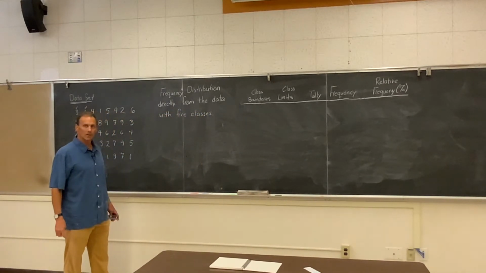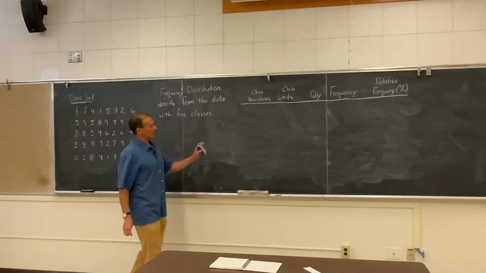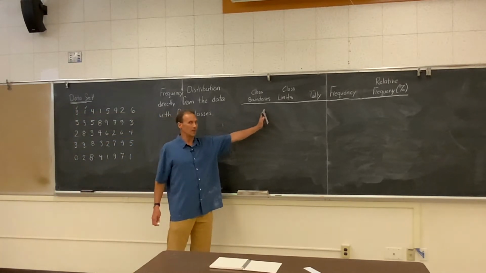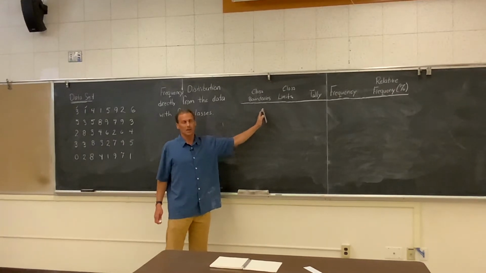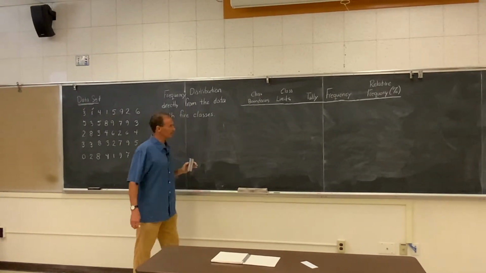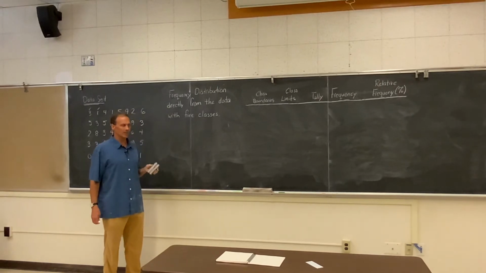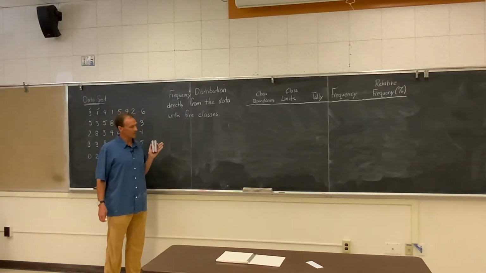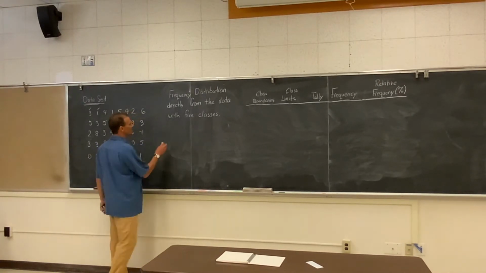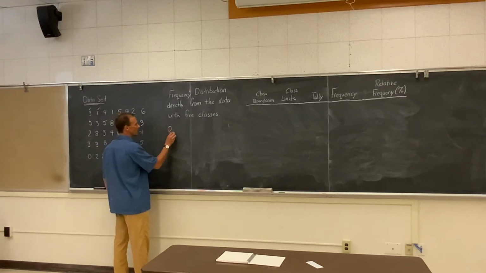Okay, here we go. Now, if you remember, the first thing to establish is the class boundaries. Once we have that, the rest falls into place. That's where the hard part is, and it's not that it's hard, it's just systematic. The first thing we need is what's called the range of the data.